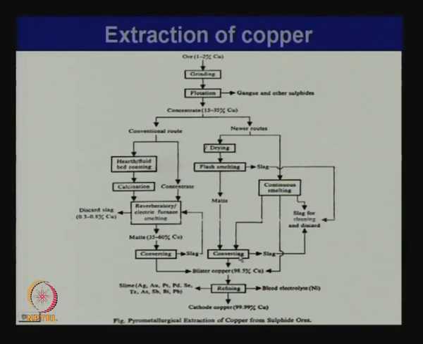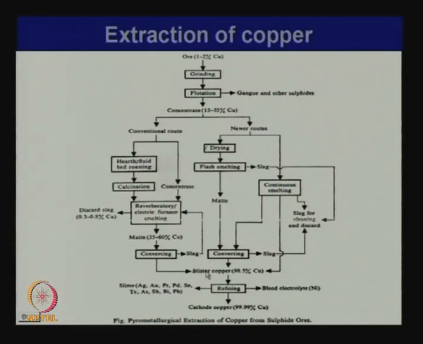There are even newer processes where all steps are combined into one continuous smelting process, which can produce either matte for conversion or it can straight away produce the copper called blister copper. What it is, I will tell you later. And the slag that contains some copper will go for slag cleaning for copper recovery.